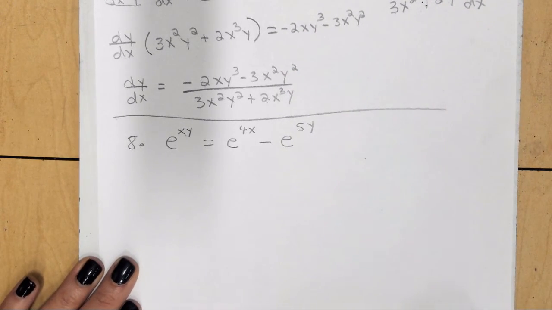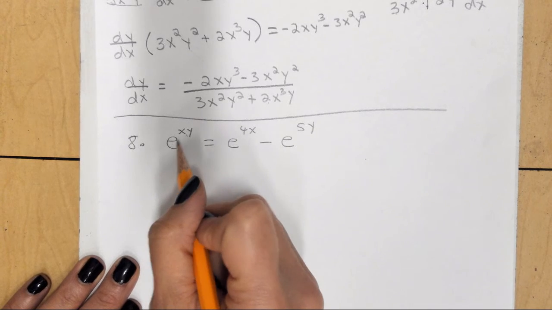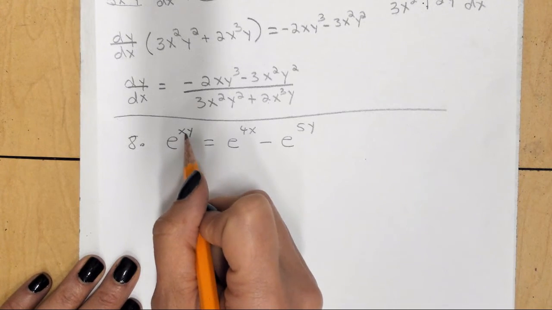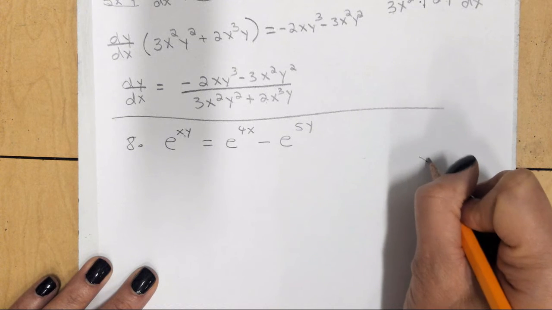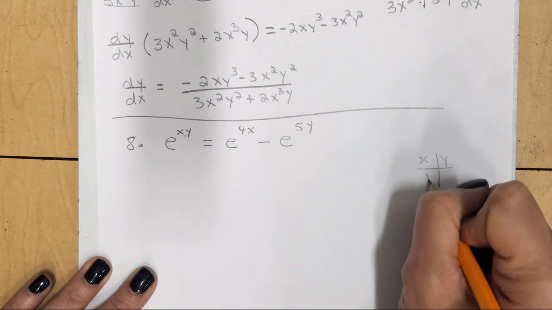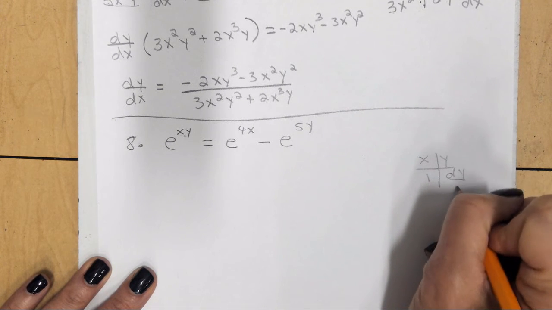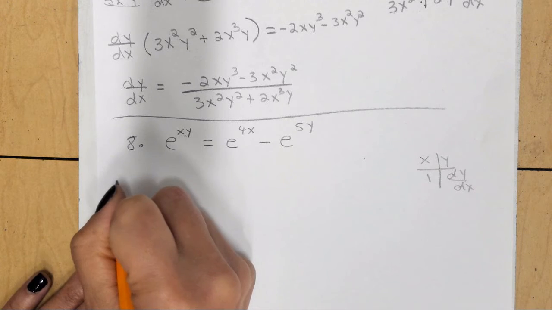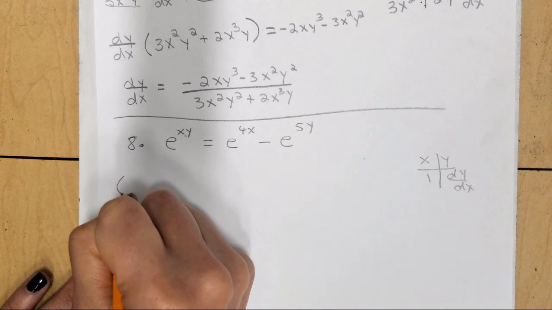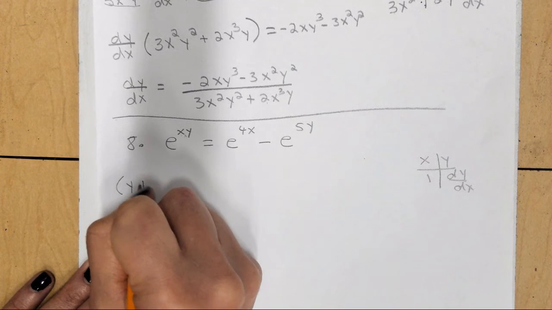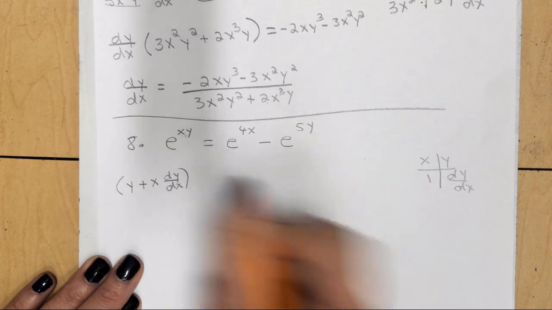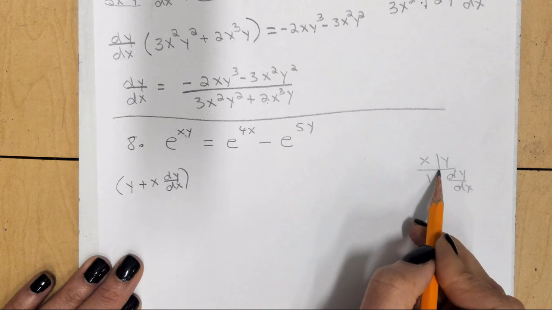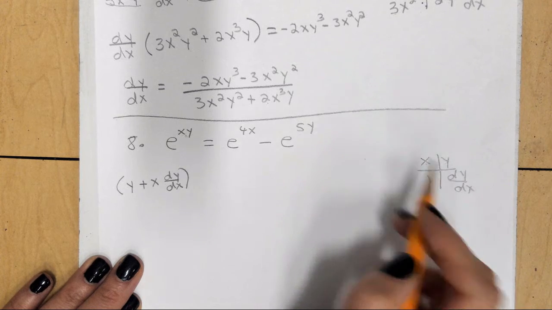Okay, just stay with me. So e to the something times something. Well, my something, look what that is, x times y. That's a product. I will do that on the side. So this is 1, this is dy over dx. So derivative of the inside is y plus x dy over dx. That's from here, right? y plus x times dy dx.